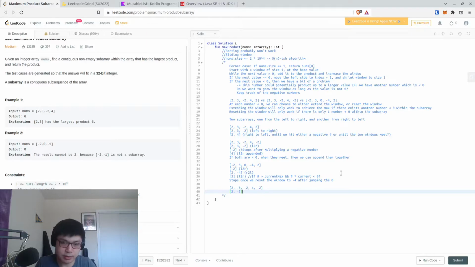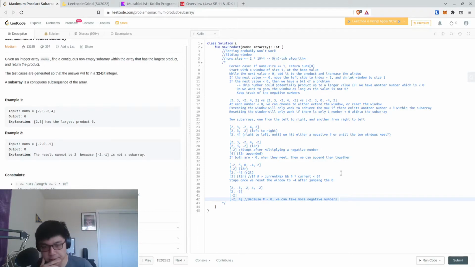So this hits negative 2, or 2, negative 3, then this hits negative 2, then this hits 2, or negative 2, and then 4, at least it should, because the number is already less than 0, we can take more negative numbers. So we had to check there.